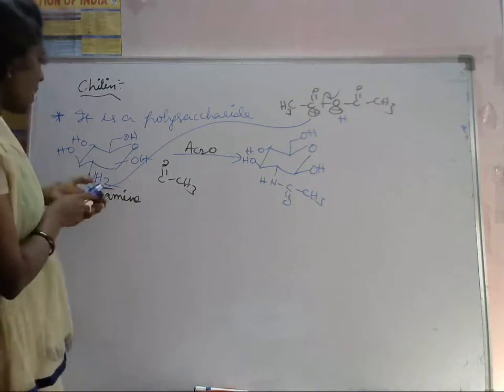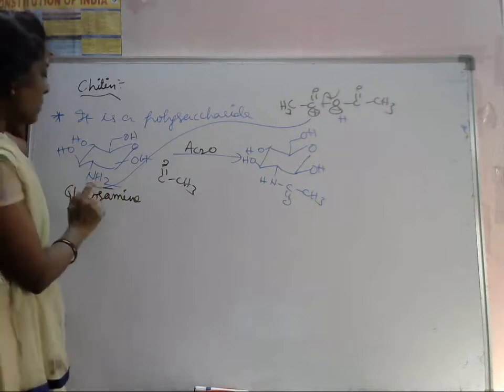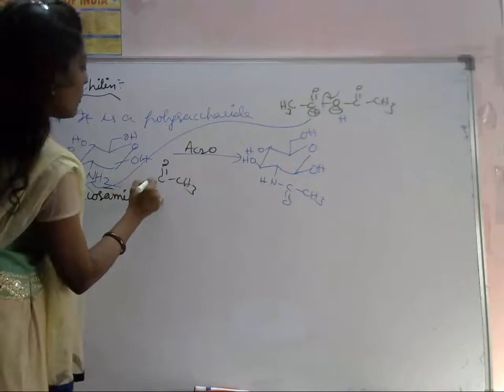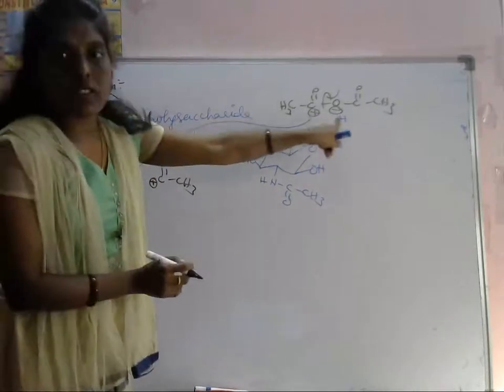So this glucosamine. What do we have to do? We have to replace one of the hydrogens with this acetyl group. Okay. So this is the acetic anhydride.